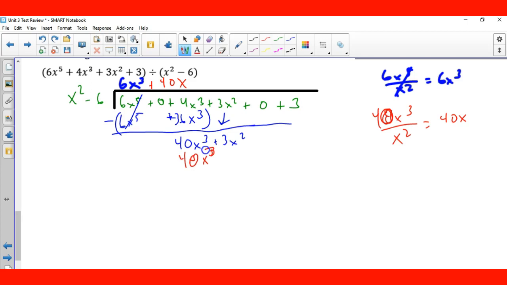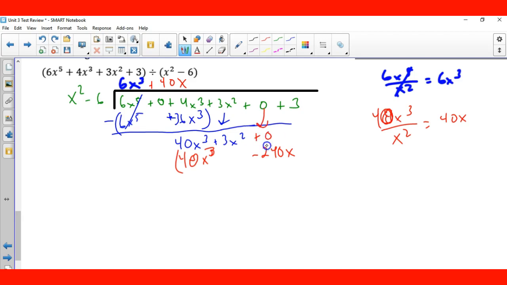Man, let me slow down. 40x cubed. And then 40x times negative 6 is going to give me negative 240x.